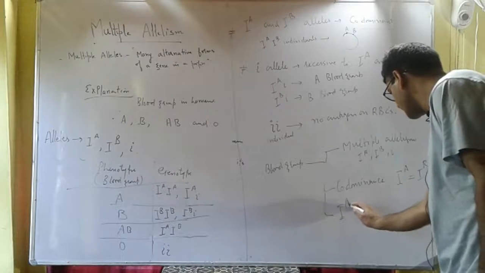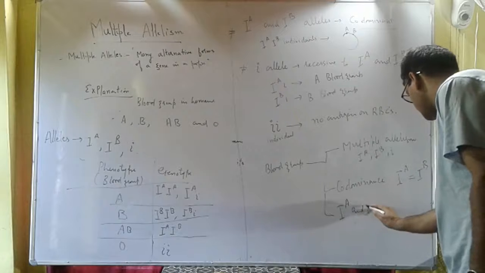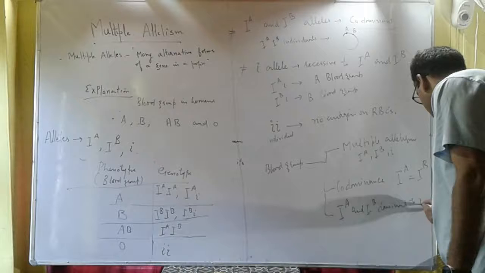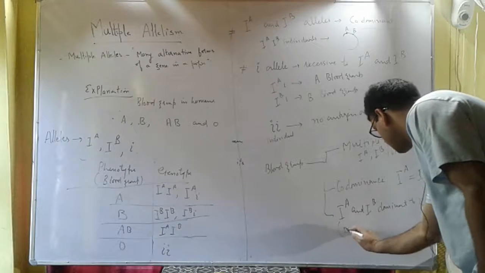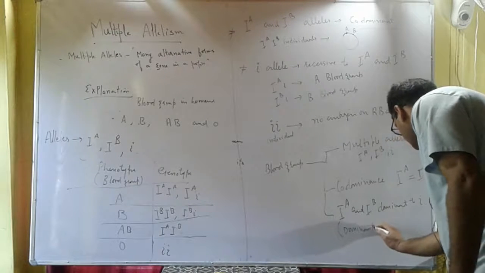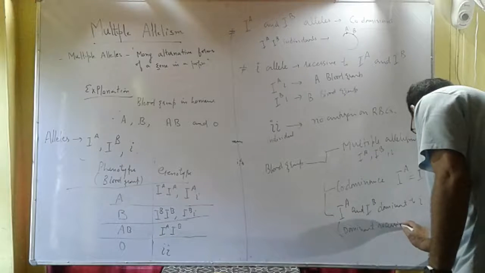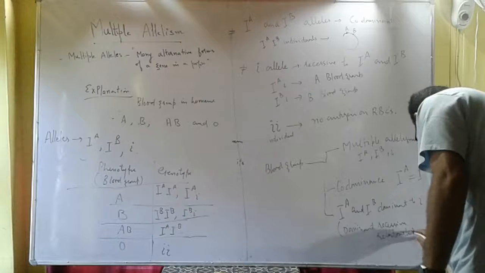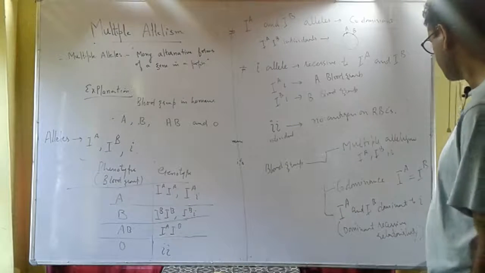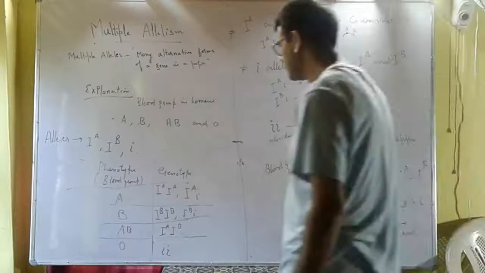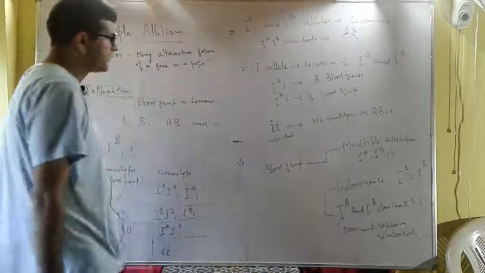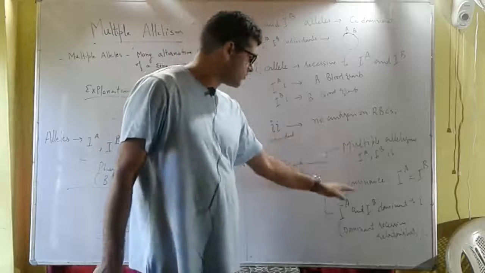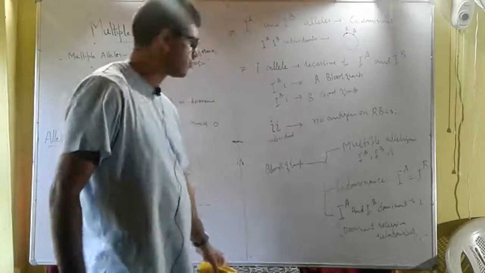IA and IB are dominant to small i. So it shows multiple allelism, codominance as well as dominant recessive relationship.